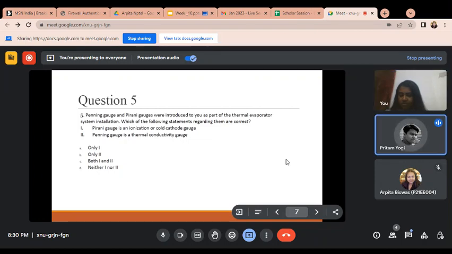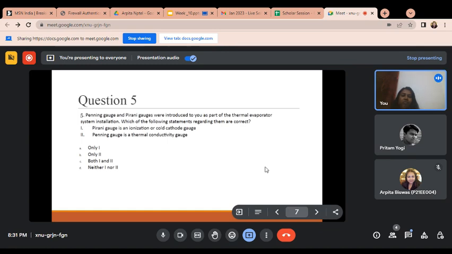I have read this but do not remember right now. Someone uses the thermal conductivity process to measure the pressure. Maybe that is Pirani, I think, used for that. I don't remember right now. Actually, both are used for measuring pressure, I think, low pressure, vacuum.